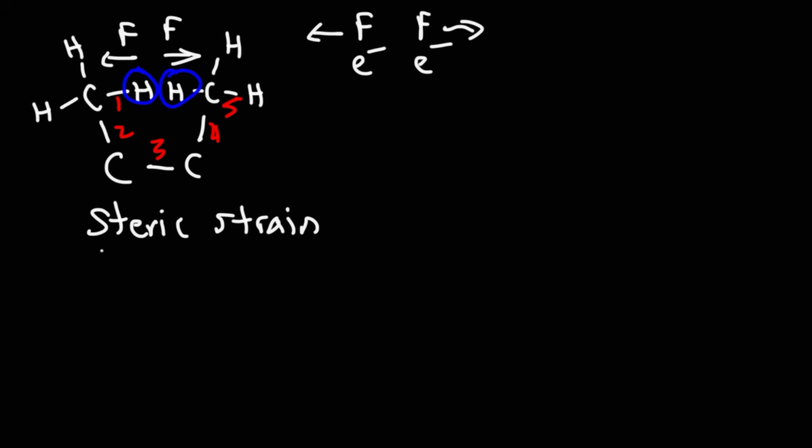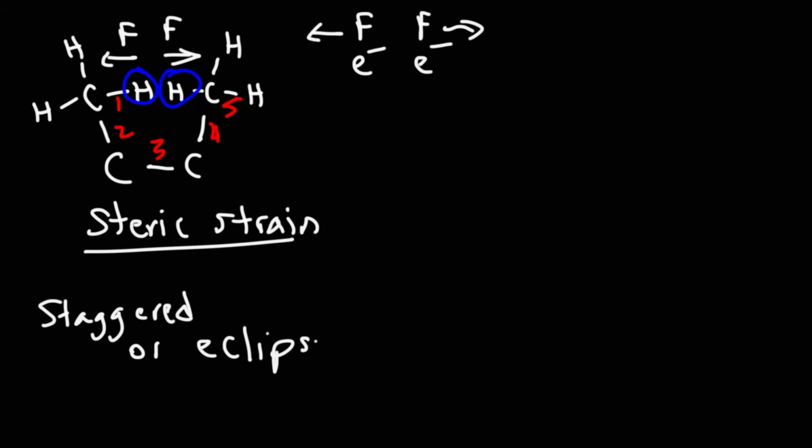Steric strain can be present in a staggered conformation or an eclipse conformation. Torsional strain is only found in eclipse conformation. So if you have a staggered conformation, there's not going to be any torsional strain. And that's how you can easily identify when there's torsional strain. Look for the eclipse conformation.